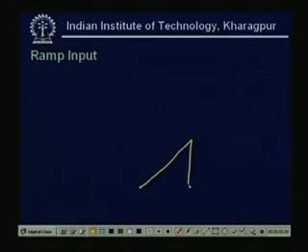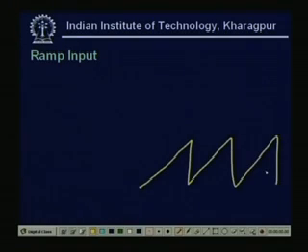Now, we should consider the ramp input. Ramp input is not very usual in an instrumentation system; it is very difficult to give, but in electrical systems it is very necessary. One good example of a ramp input is the Sawtooth waveform, which you give in many electrical circuits.